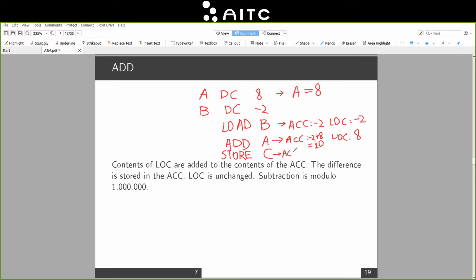And store C: the contents of ACC are placed in the LOC, and ACC is unchanged.